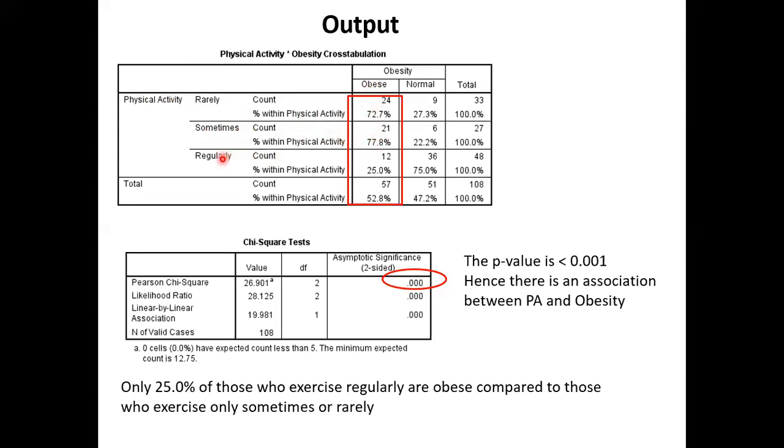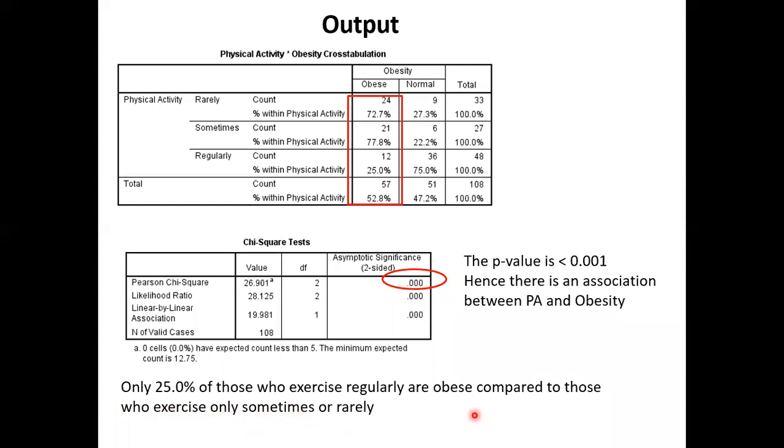Regularly, only 25%. So the p-value is less than 0.05, then association, yes. Only 25% of those who exercise regularly are obese compared to those who exercise only sometimes or rarely.